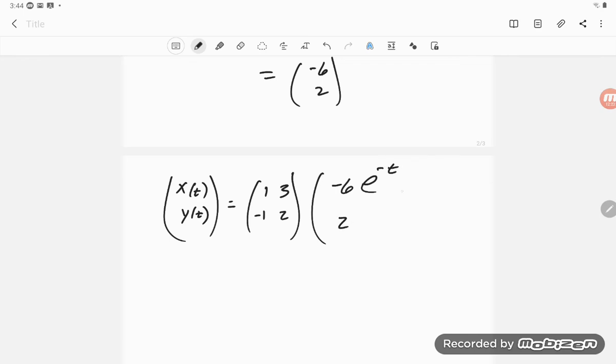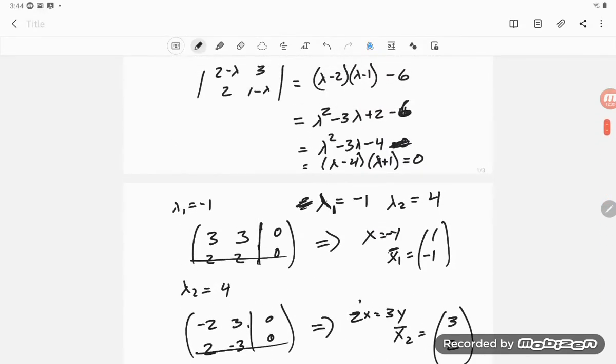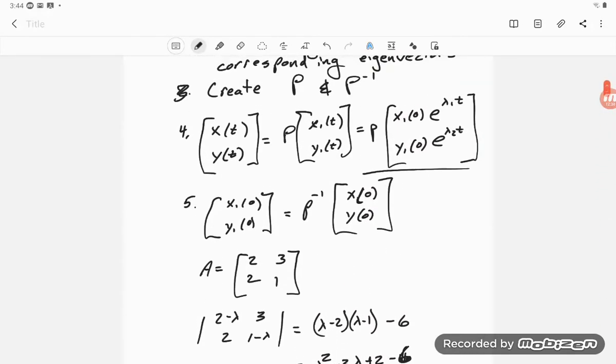And then 2 e to the 4t, because lambda 2 was 4, right? And so back here somewhere, that's our solution.